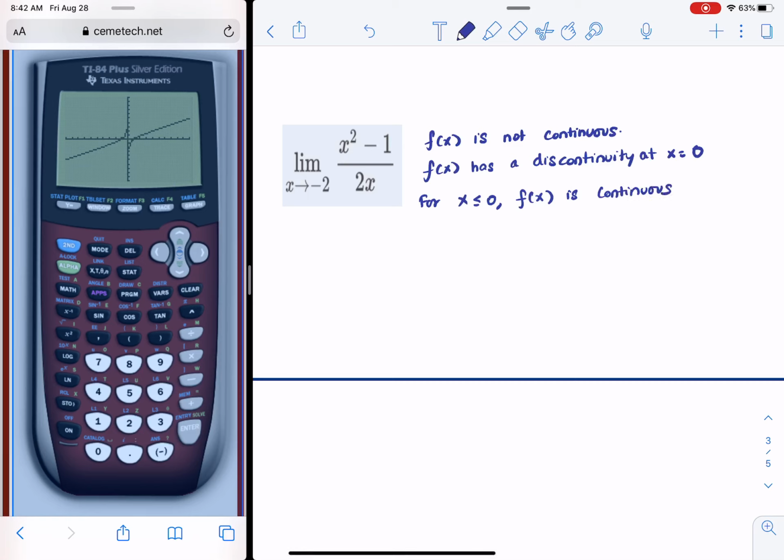So the limits only matter at points of discontinuity. And -2 is not a point of discontinuity.